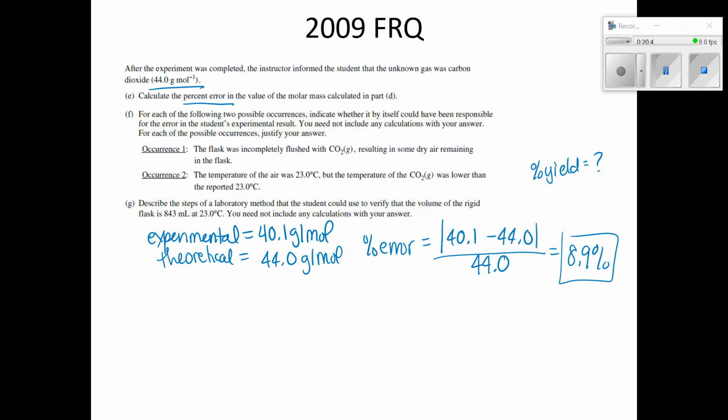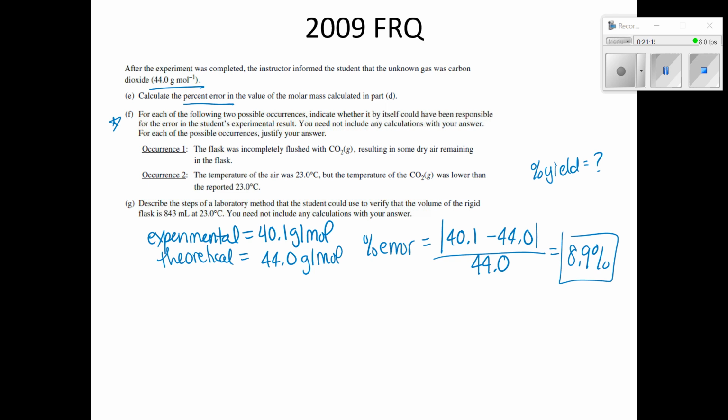And also notice that there is some experimental error analysis happening here. So this one you're just justifying your answer. So in this first one, the flask was incompletely flushed with CO2, resulting in some dry air remaining in the flask.